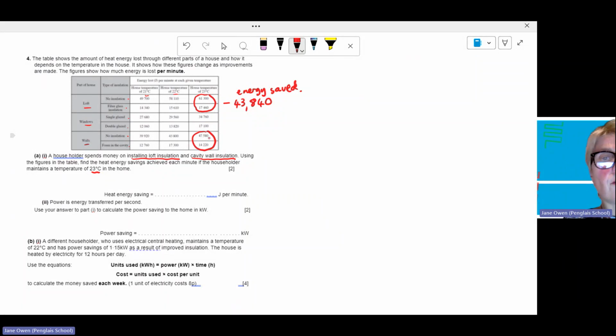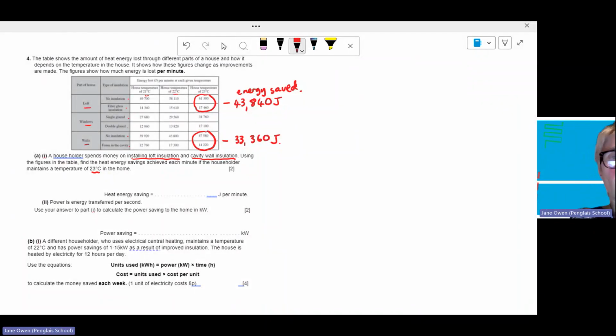So you've got no insulation and then you put insulation in, and then how much is it? How many joules is lost? So again, we take the two away from one another, 33,360 joules. So that's the energy saved.